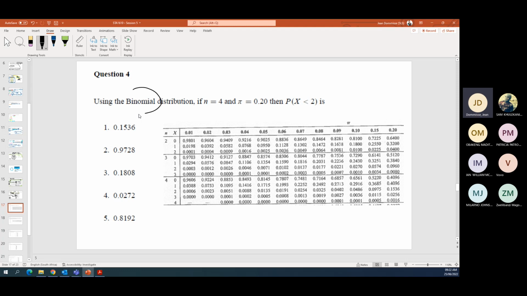Again, using binomial. If n is 4, okay, so there's n of 4. We're looking at pi, that is 0.2. Okay, we've got it there.